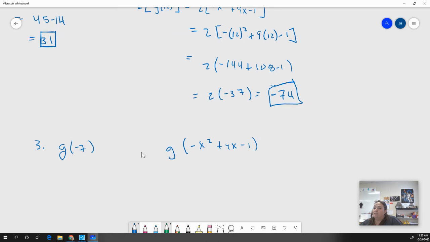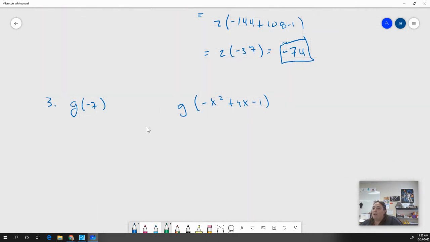And it just means that wherever I have an x in that, I'm going to put in negative 7. So I have negative 7 squared plus 9 times negative 7 minus 1, and we can just go ahead and solve.